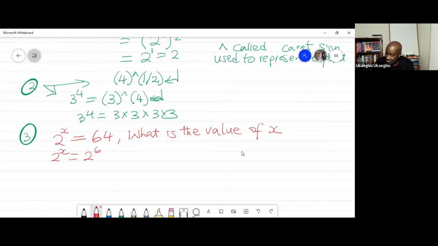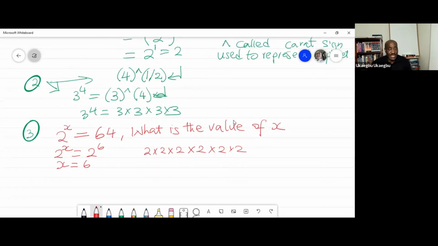So let's see: 2 times 2 is 4. 4 times 2 is 8. 8 times 2 is 16. 16 times 2 is 32, and 32 times 2 is 64. So this is correct. So x is equal to 6.